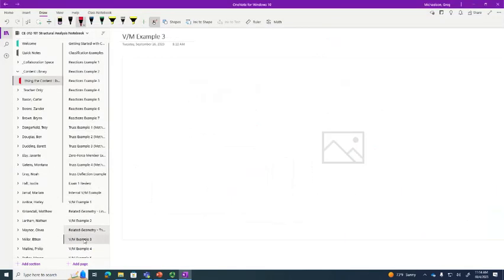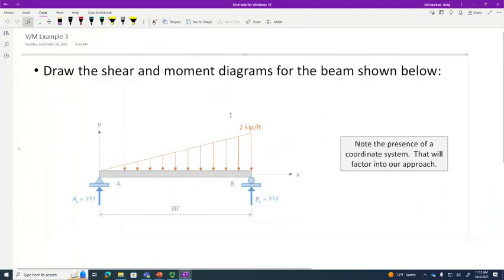So, actually, let's just do it in the notebook. That'd be easier. Okay. So this is going to be the problem that I want to look at. We're going to draw the shear and moment diagram for this beam. Okay. And I have a beam that's 30 foot long, and it has a triangular load. That triangular load goes from 0 all the way to 2 kips per foot, and I haven't given you the reactions.